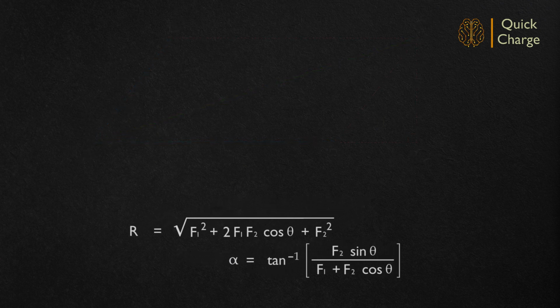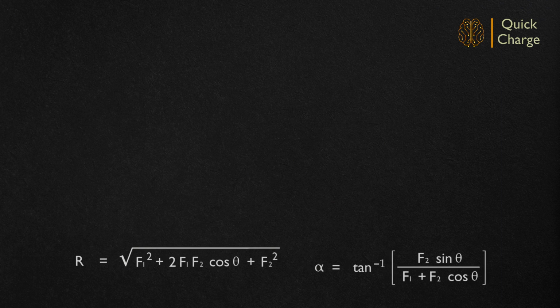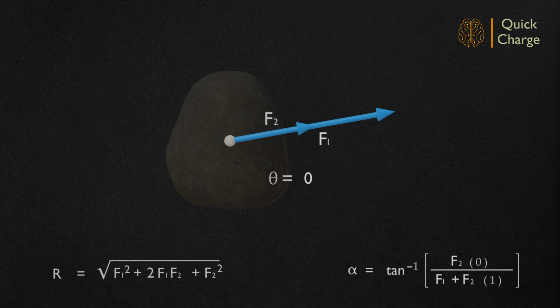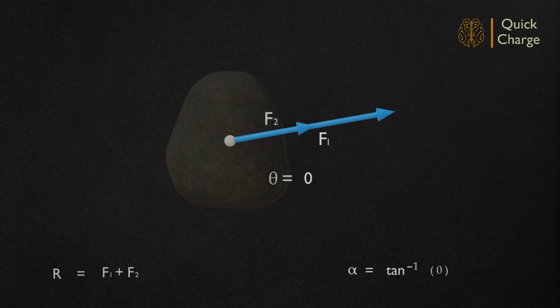Now, let us review some special cases of this analytical solution. Consider two concurrent forces as seen. When theta is 0, cos theta will be 1 and sin theta will be 0. The equation becomes R is equal to the square root of (F1 plus F2) whole square, which is nothing but F1 plus F2. When it comes to the direction, tan alpha will be 0 and angle alpha will be 0.